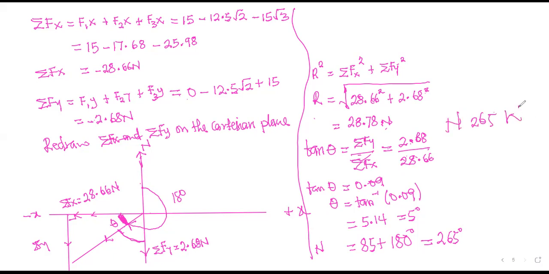Okay. So the angle is actually 265 from the north, to the north-south rather, to get the direction of the resultant. Or turn through an angle of 5 degrees from the west, in an anti-clockwise manner.